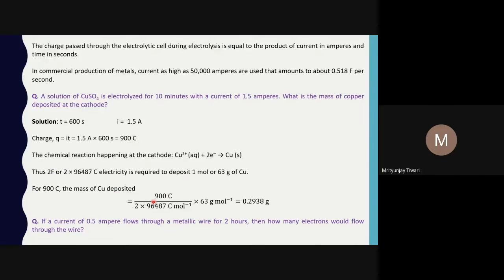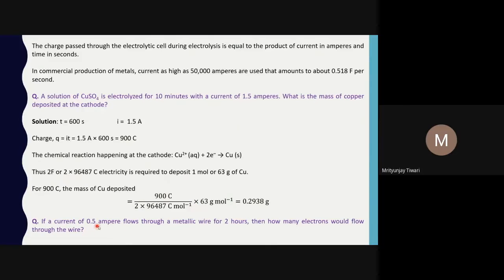Once we know the number of moles, multiplying by the molar mass gives the mass of copper deposited in grams. Simply, 900 coulomb divided by 2 into the value of farad in coulomb per mole, into 63 gram per mole, the molar mass of copper. On solving, we get 0.2938.